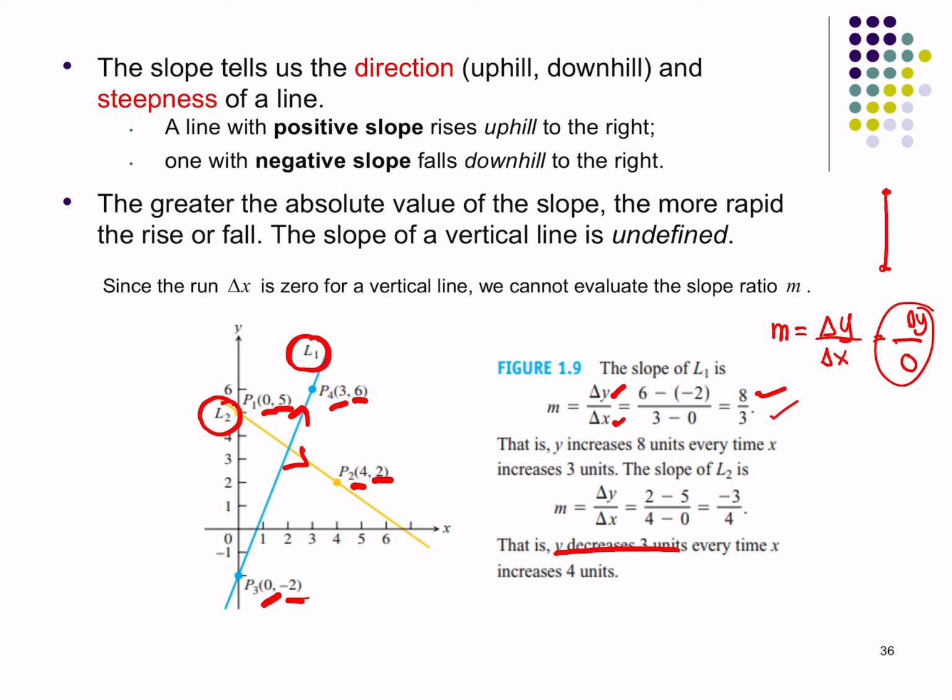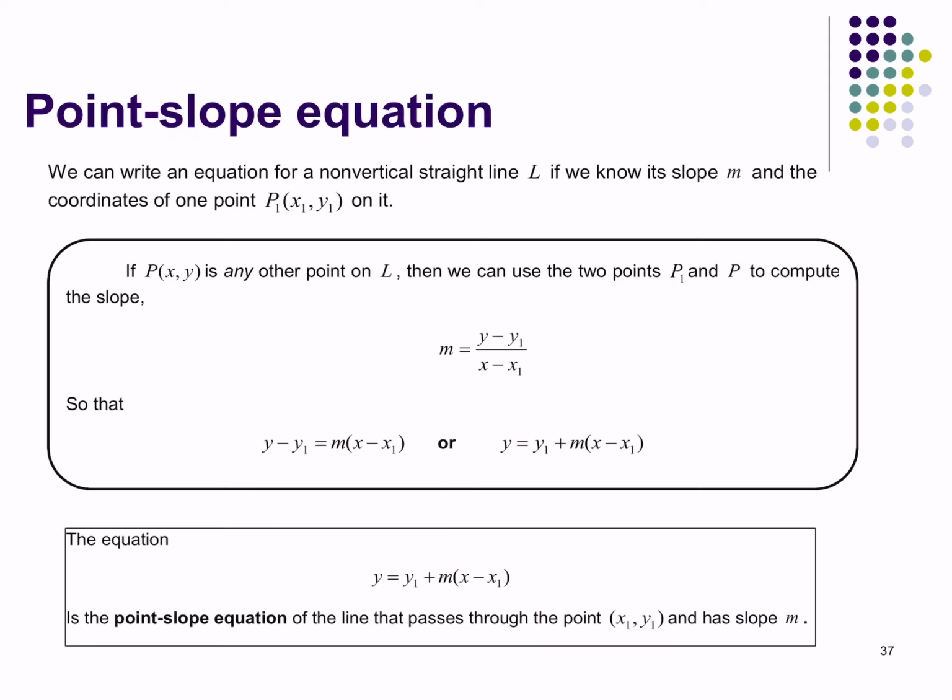After you find the number for the slope, you have to be able to interpret the meaning of the value. And next is the point slope equations. So in the previous slide, we were able to show the value of the slope, or the m, the rise divided by the run.